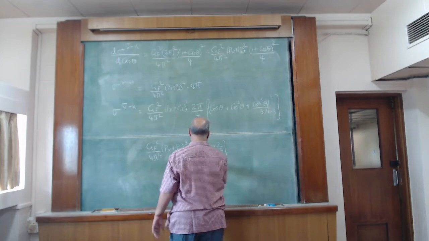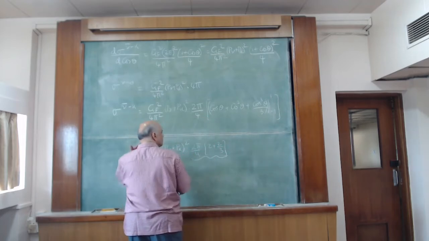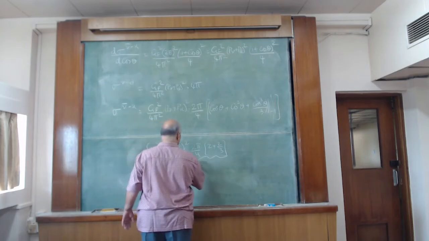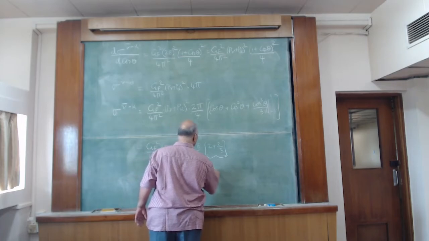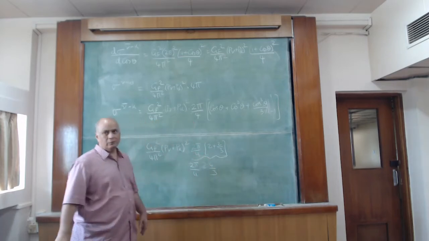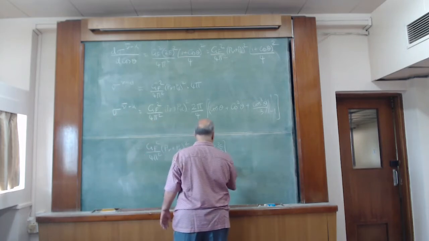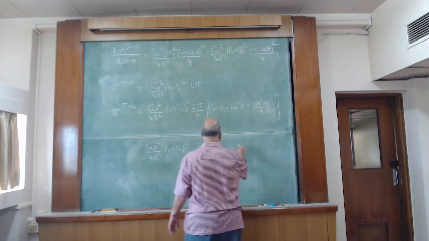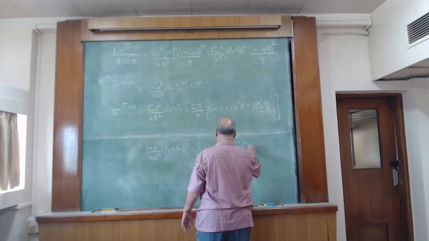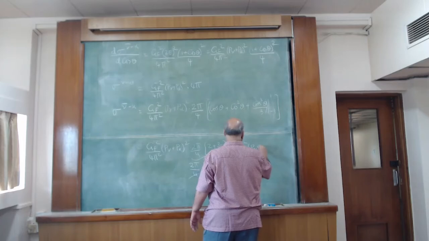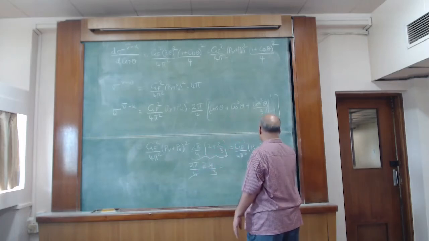So this is 2 pi by 4 times 2 into 4 by 3. So this cancels and this turns out to be GF square by 4 pi square (p_nu plus p_u) whole square times 4 pi.